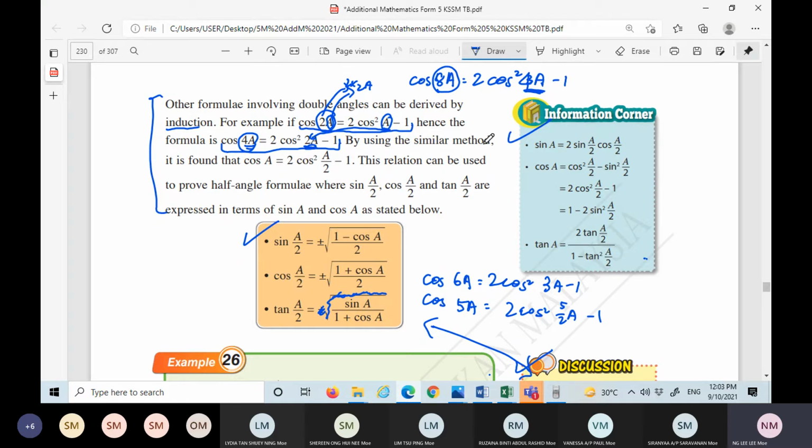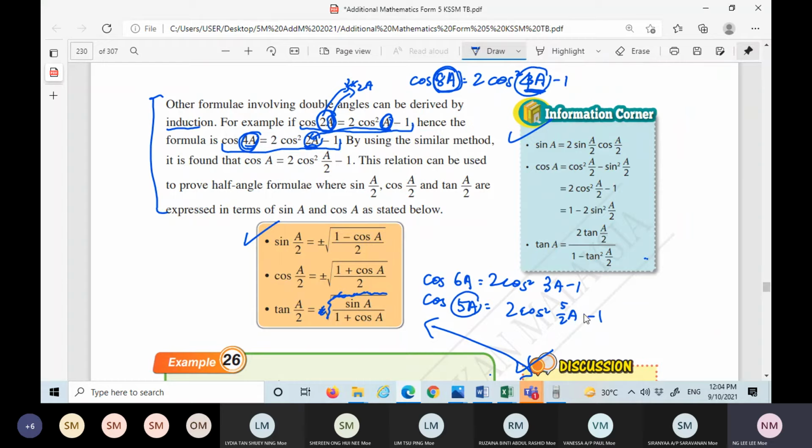By using the similar method, it is found that cos A, just now I said half of this, so half A. If cos A, it will become 2 cos square A over 2 minus 1. Just now I said already, cut this into half, then it's this. Cut this into half, then it's this.